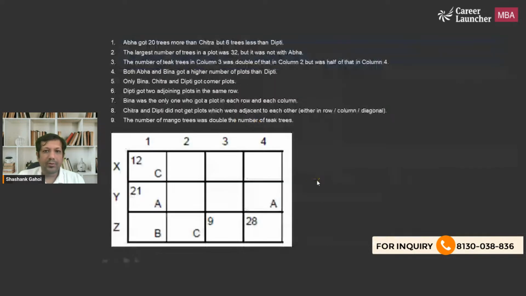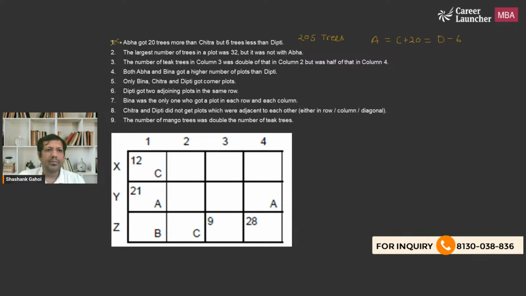Now I'm going to solve it over here, and it says there are multiple possibilities. The important point is there are a total of 205 trees that is given to us. So Abha got 20 more trees than Chitra, so Chitra plus 20, and 6 less trees than Deepti, so D minus 6. So this is the relation.